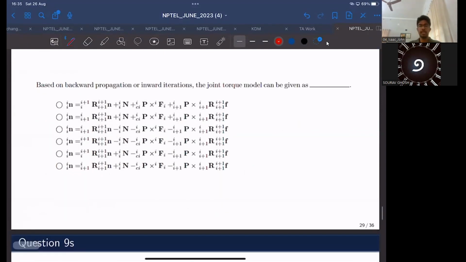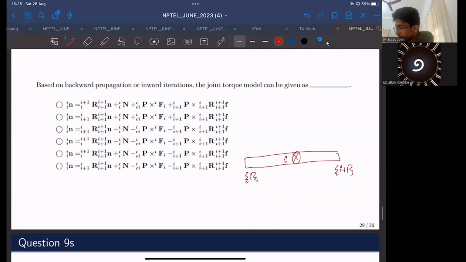Question 9. Yes, again, this is a question regarding backward propagation. If you're still there, could you identify which of the options would be the correct answer? If you consider a rigid body i, at the proximal end you have frame i. At the distal end, you have frame i plus 1. We also have the center of mass. And the forces at the ith frame would be small f i with respect to i.